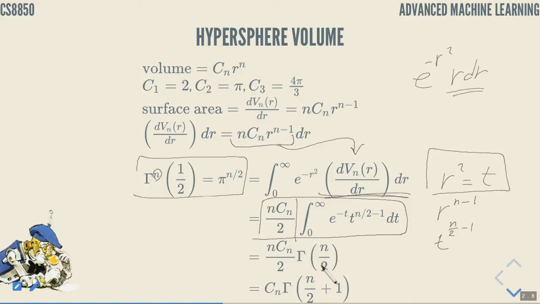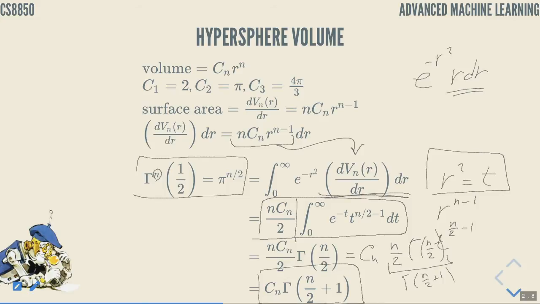So we get c sub n times n over 2 times gamma of n over 2. But this is the same, as you know, as gamma of n over 2 plus 1. That's where this comes from.